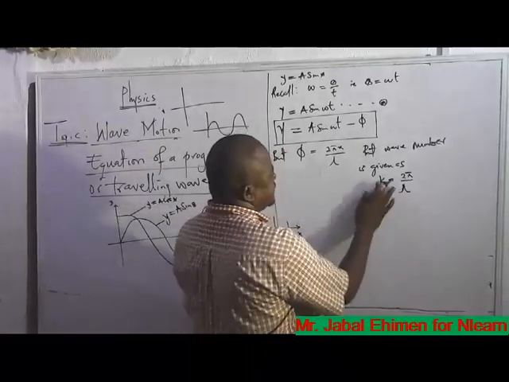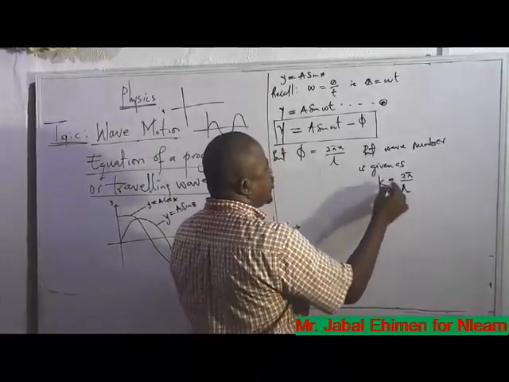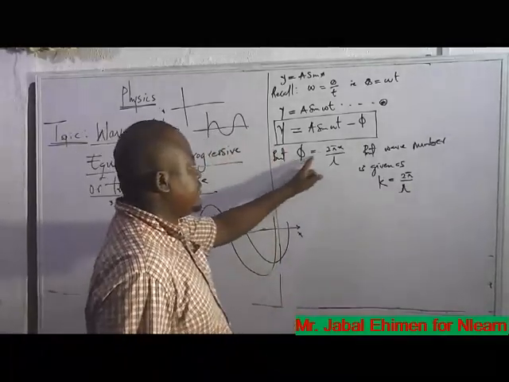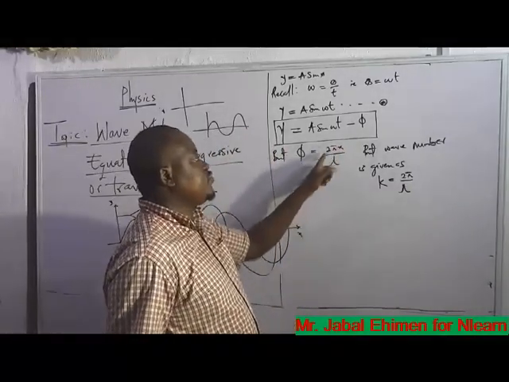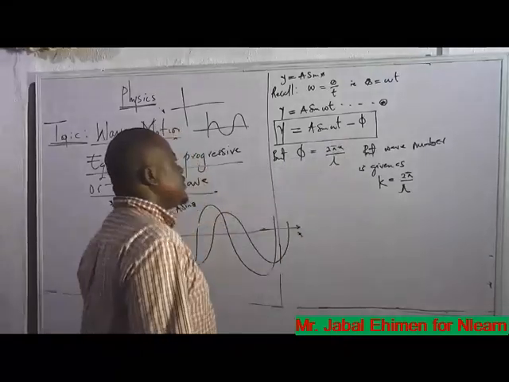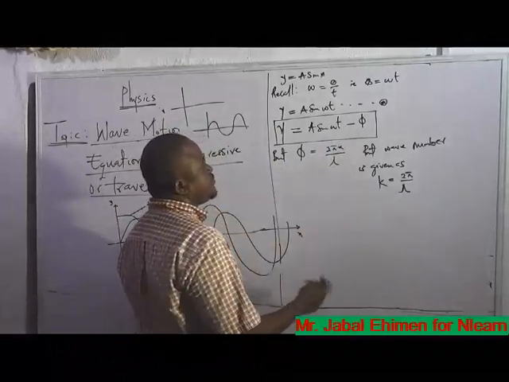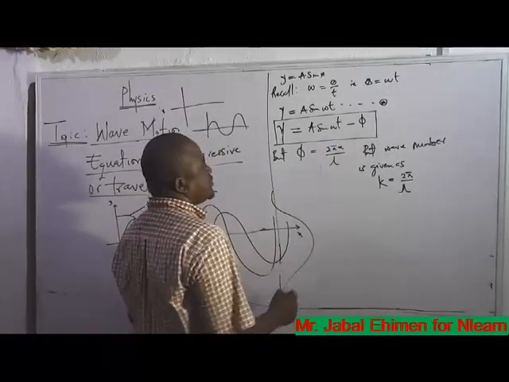This is another thing entirely, and it is called wave number. And this is phi, phase difference, which is 2 pi x over lambda. Now, if I want to relate these two statements together, it's easy for me to say that now. I can say that, okay, good.